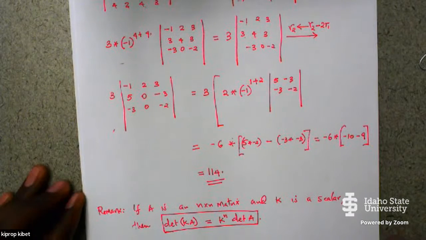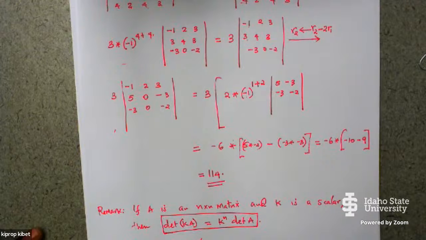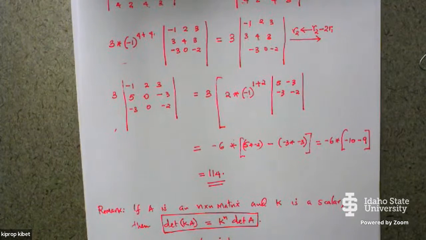Okay, now let's come to the next section, section number 2, properties of determinants. 2.1, a theorem which we will not prove; we have proved it by the examples.